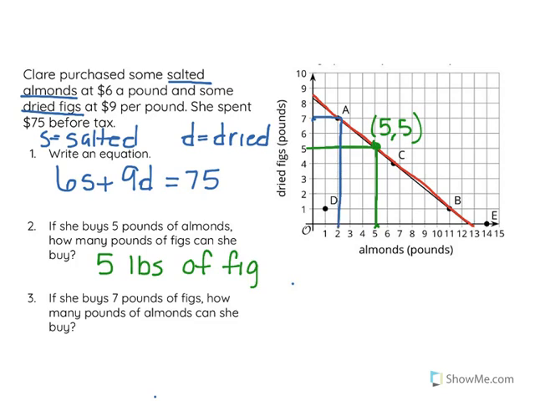So I can only buy 2 pounds of almonds. Because this coordinate right here is 2, 7. 2 is the amount of almonds I can buy. 7 is the amount of figs that I can buy. So again, that line represents all the possible combinations that we could have in spending $75.